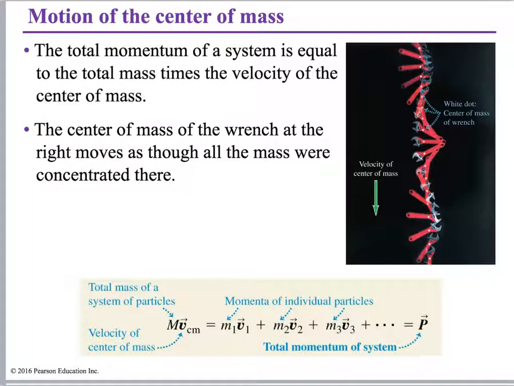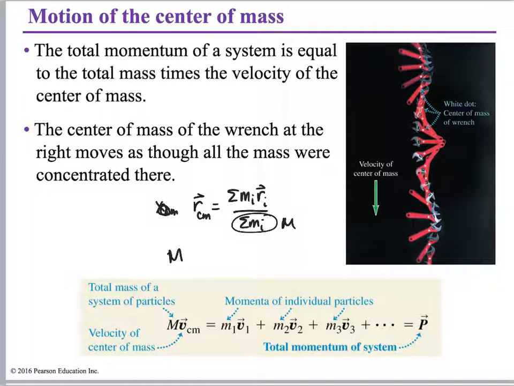So we start off with the center of mass position, R equals the sum of m sub i times r sub i, divided by M, which is just the total mass.